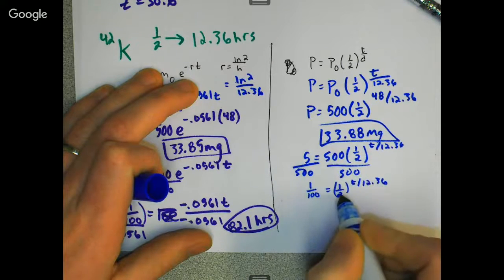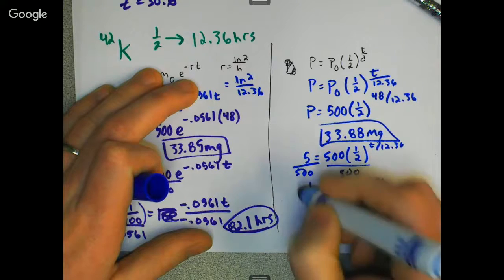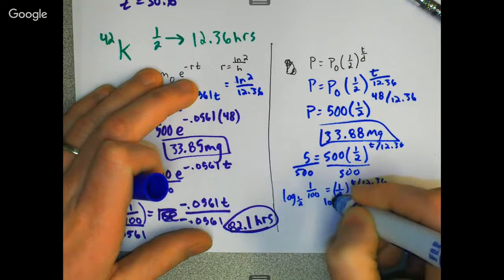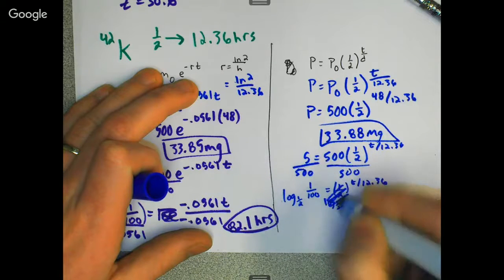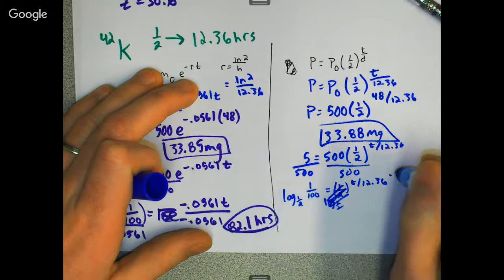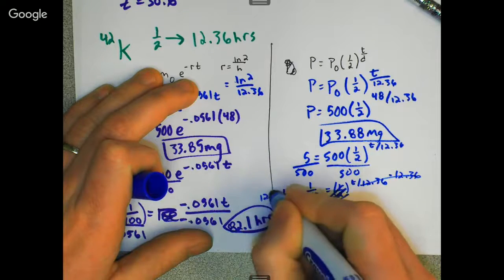And because I want the 1/2 to go away, that's my base, I'll take log base 1/2. So these two cancel, and I have t over 12.36. So we'll multiply by 12.36. So those cancel.